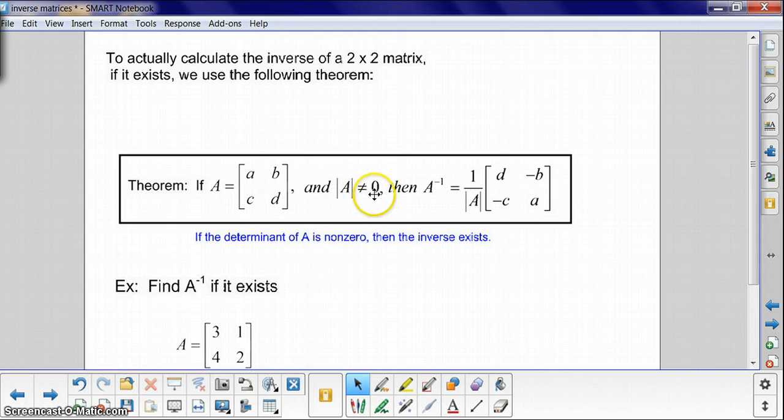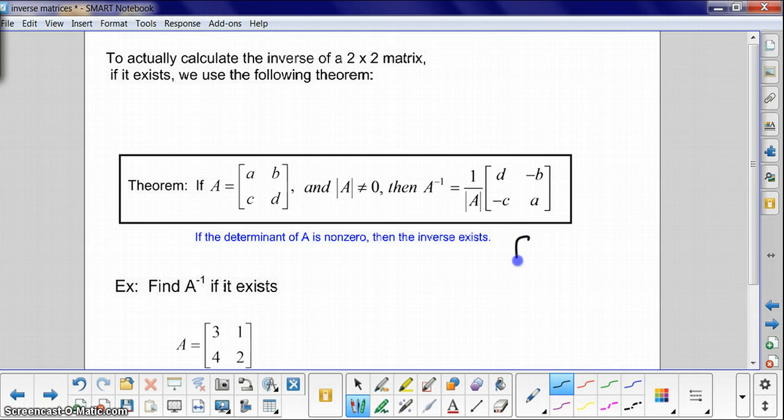So as long as the determinant is not equal to 0, then A inverse is equal to 1 over the determinant multiplied by what I call the flippy-flop matrix. The A and the D switch locations. The B and the C become opposite signs.